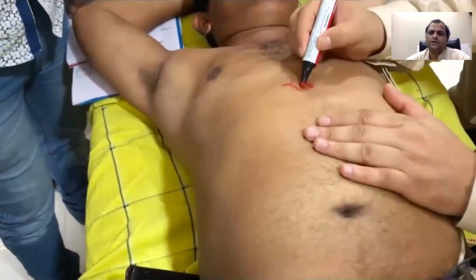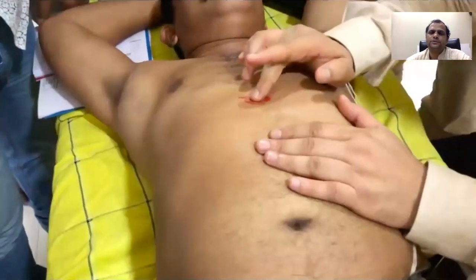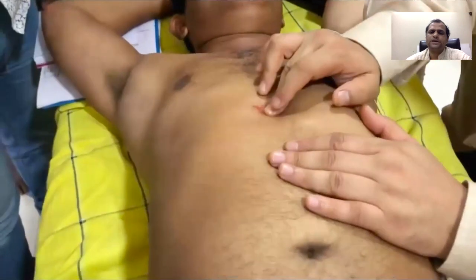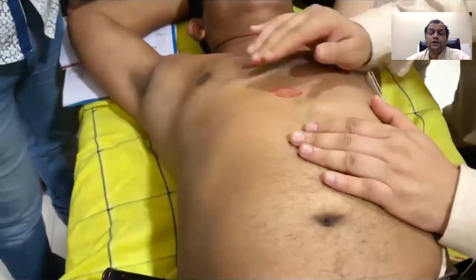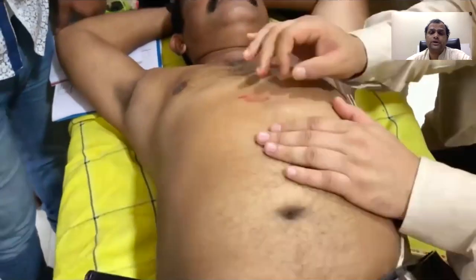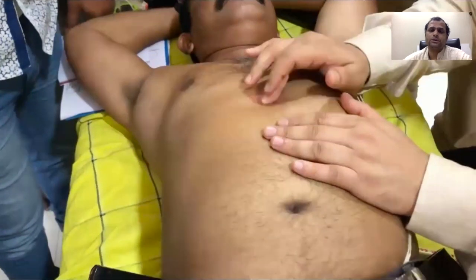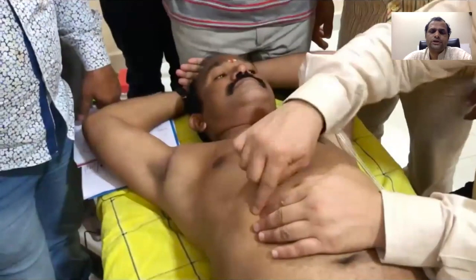I am drawing a round circle and now pressing in the center. This condition indicates brain related problems, like someone suffering with Parkinson's, multiple sclerosis, any brain related disorders; we treat that.